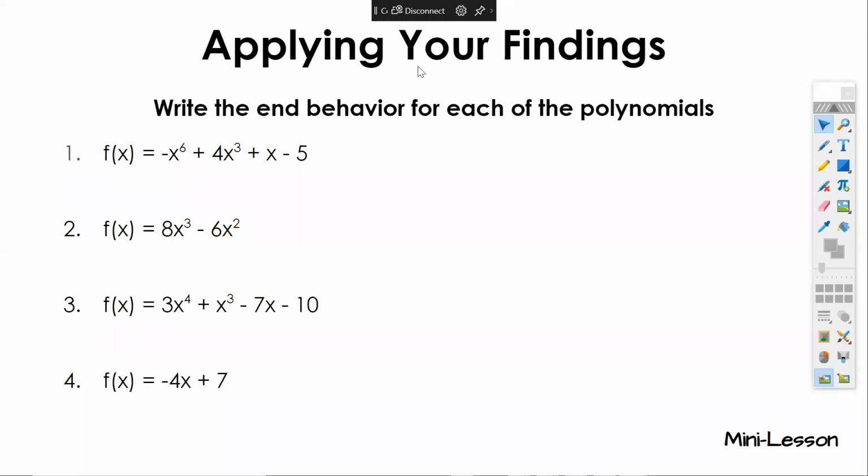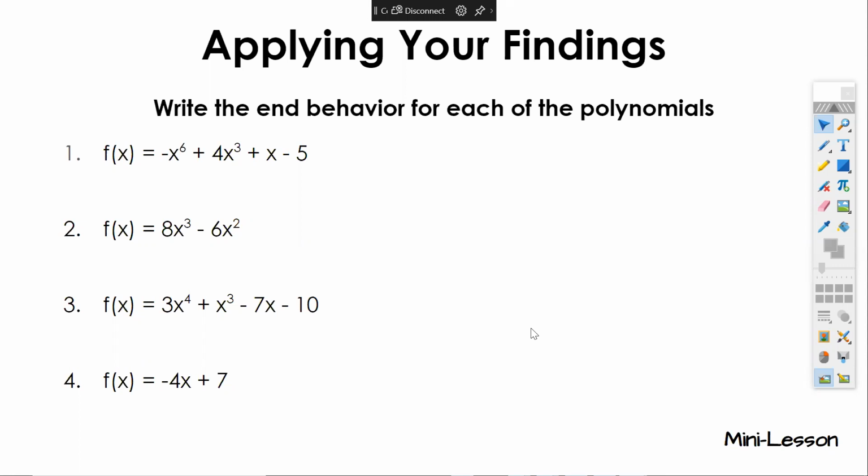Okay, so writing the end behavior for these four. Go ahead and write number one down. So we are writing the end behavior for number one. Tell me, is number one an even degree or an odd degree? Even degree. Is the leading coefficient positive or negative?